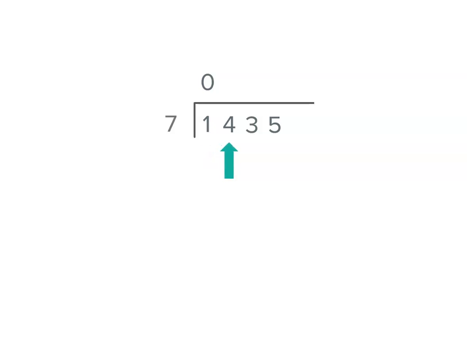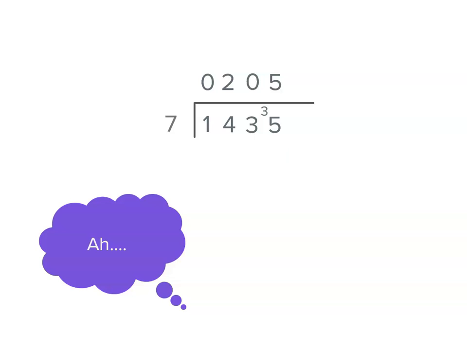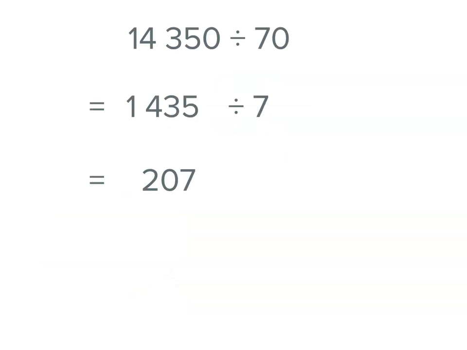So we've now got 14 hundreds divided by 7 is 2. 3 tens, we can't divide that by 7, so we put a 0 there, and that means we've got 3 tens or 30 units. To add to the 5 units, so 35 divided by 7 is 5. So 1,435 divided by 7 is 205. First we divided by 10 to get 1,435, and then we divided that by 7 and got 205.